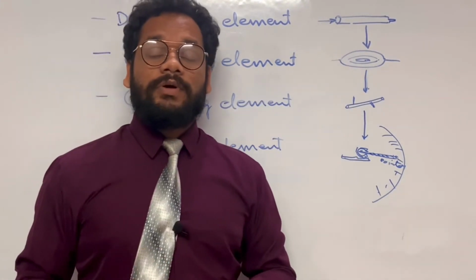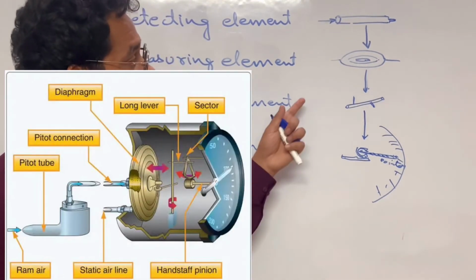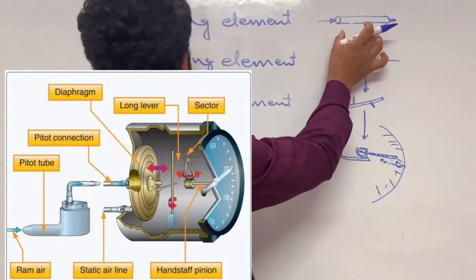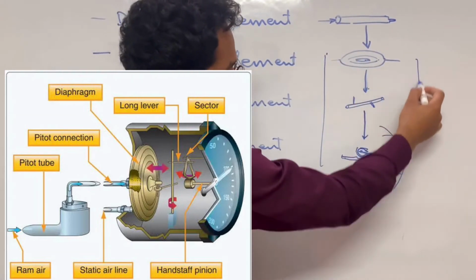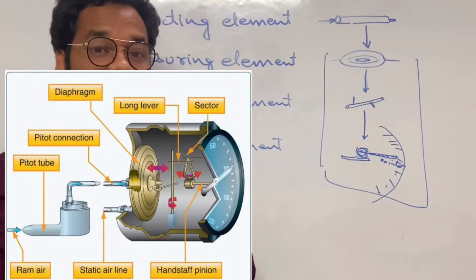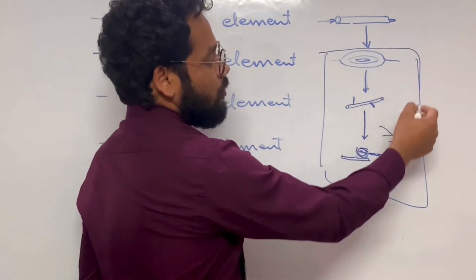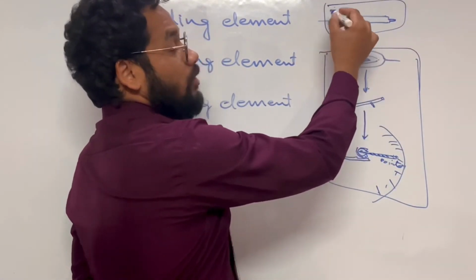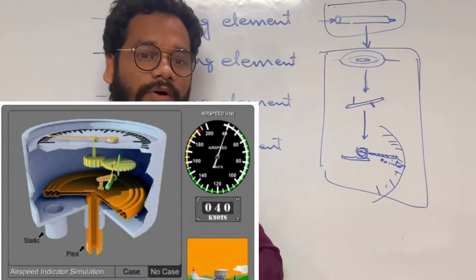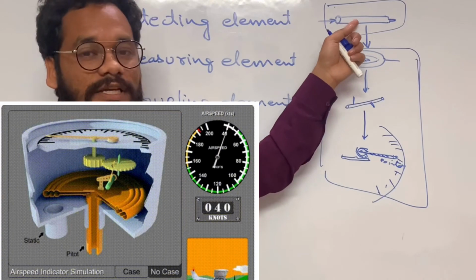But if we talk about a mechanical airspeed indicator in the cockpit, then it will have the detecting element separate, and the other three units will be within the casing of the instrument in the cockpit. The detecting element will be mounted separately, at an appropriate area in the airframe, to sense the pressure.